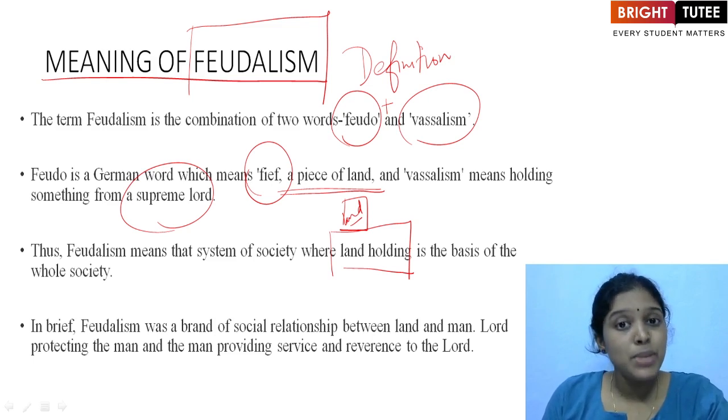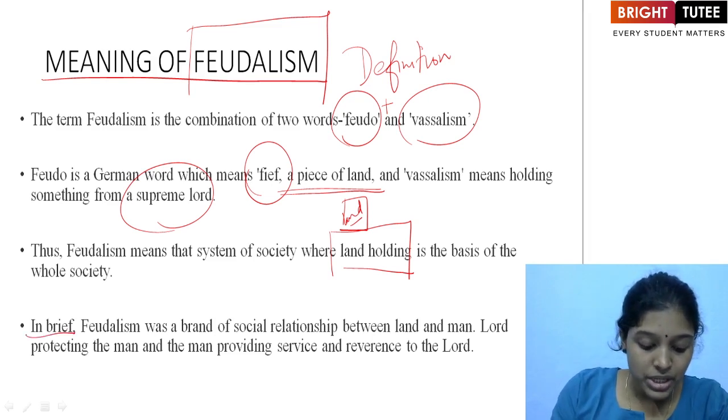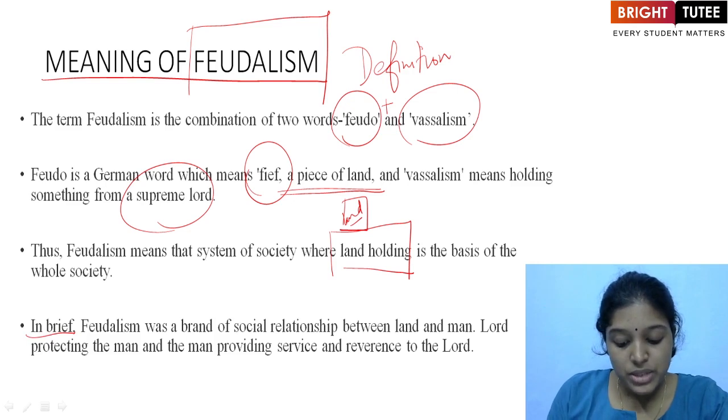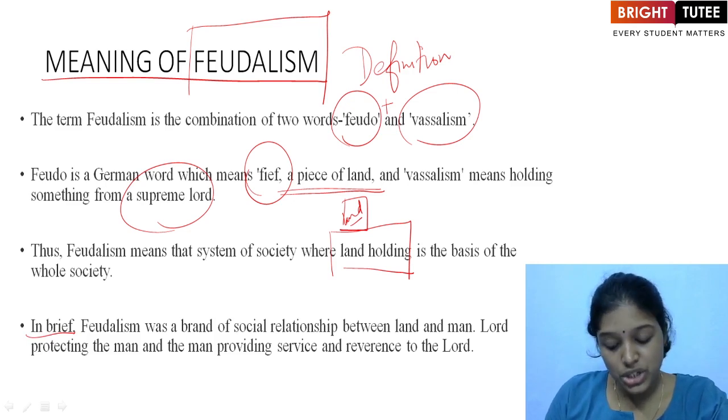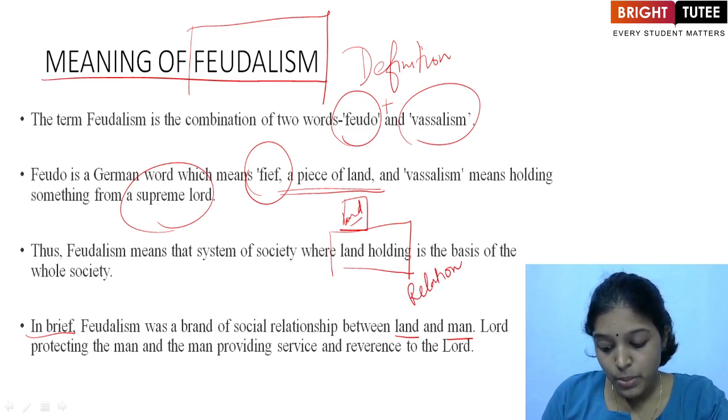So that becomes the basis of the whole structure. In brief, feudalism was a kind of social relationship between land and man.